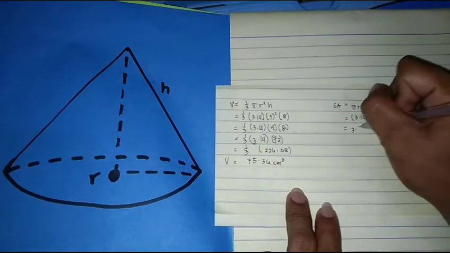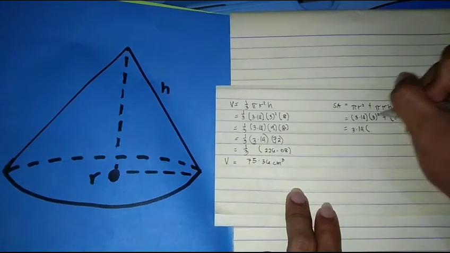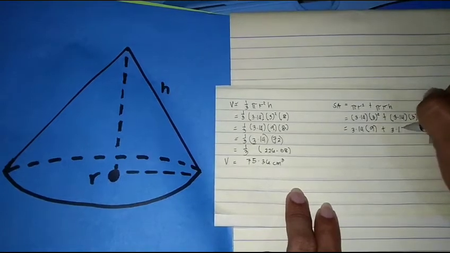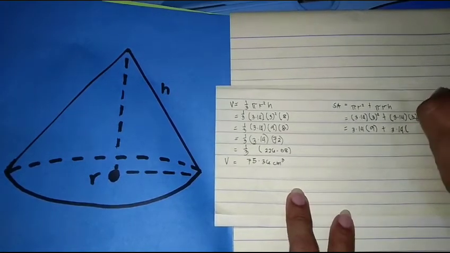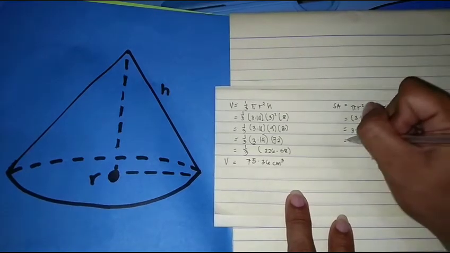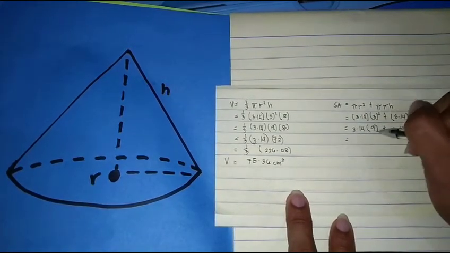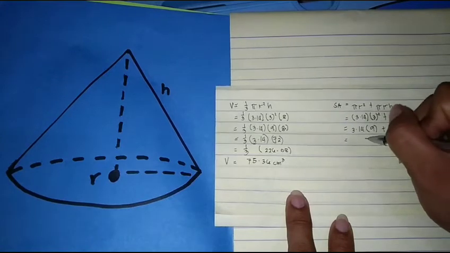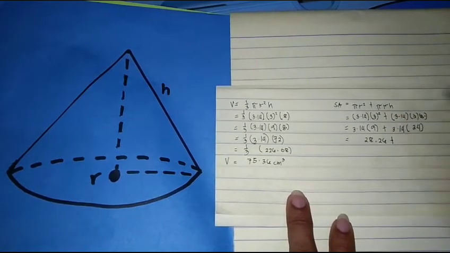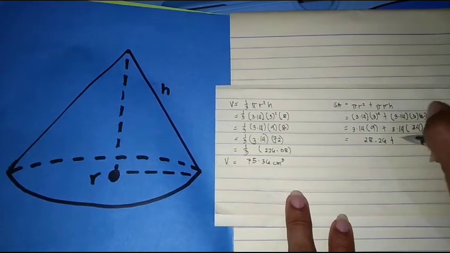Copy the 3.14 multiplied by 9 plus 3.14, 3 times 8 to get the product of 24. Multiply the 3.14 by the 9 to get the product of 28.26, plus multiply the 3.14 by the 24 to get the product of 75.36.